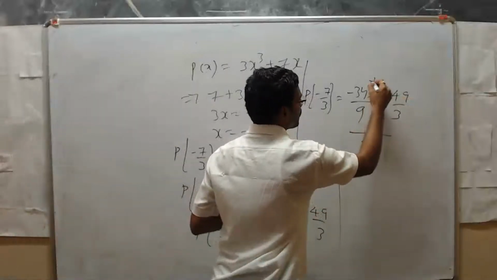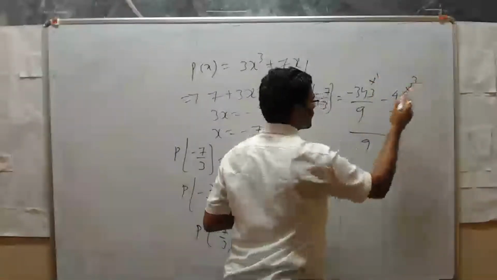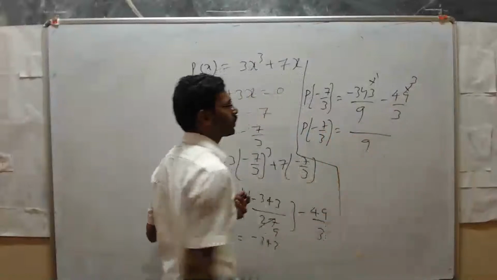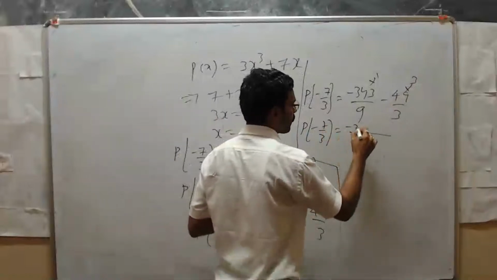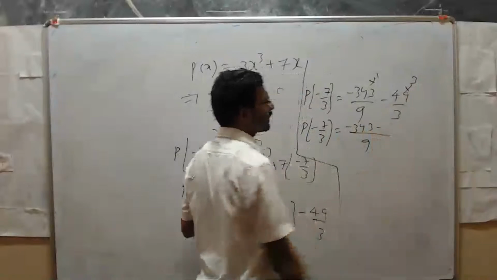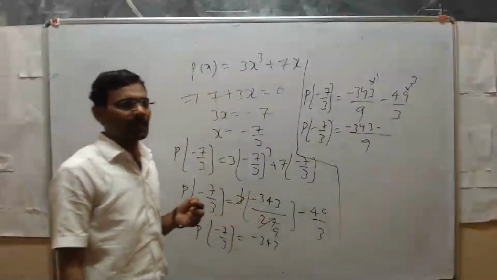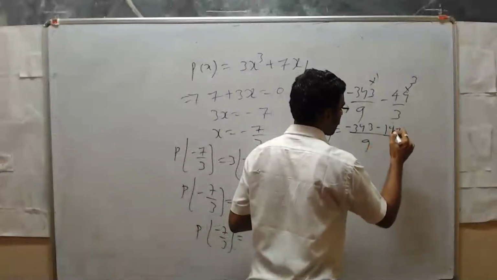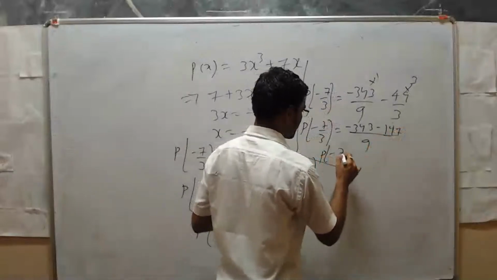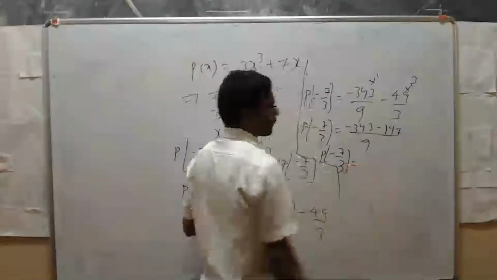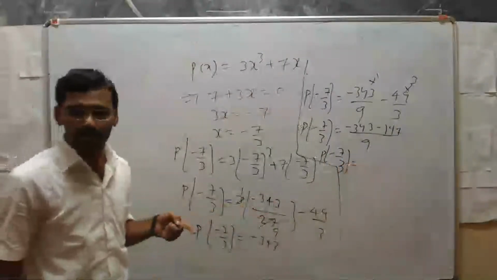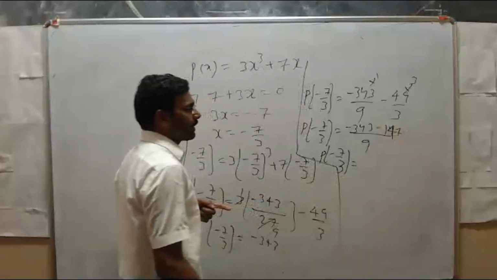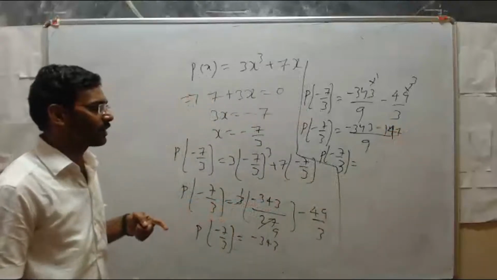So P of minus 7 by 3 is equal to minus 343 into 1, minus 49 into 3, which is 147. Both are negative, so the answer should be negative: minus 343 minus 147.